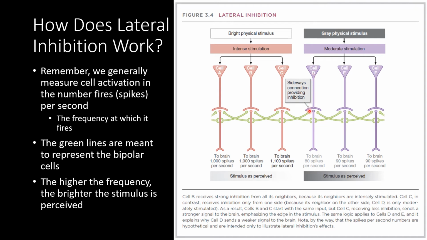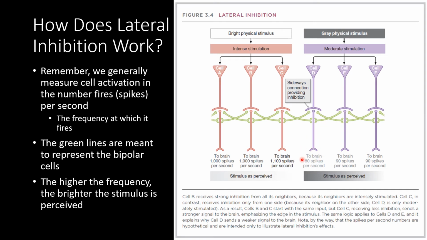Here, the inhibition coming through this side of the bipolar cell is much less. So overall, this ganglion cell is receiving less aggregate inhibition than, say, these two. This is why this has a higher rate of firing than these two over here, and continuing over this way until a different edge is detected.